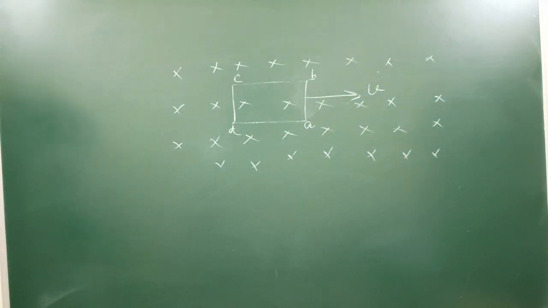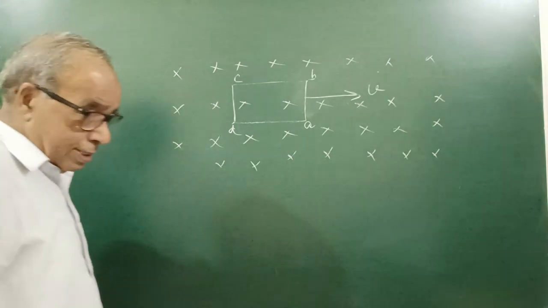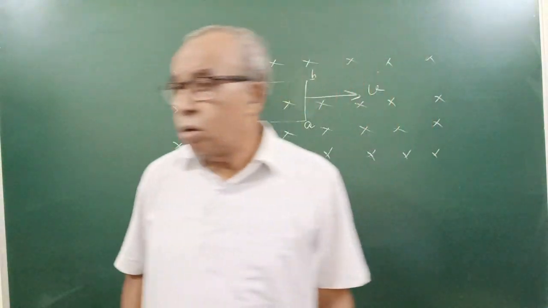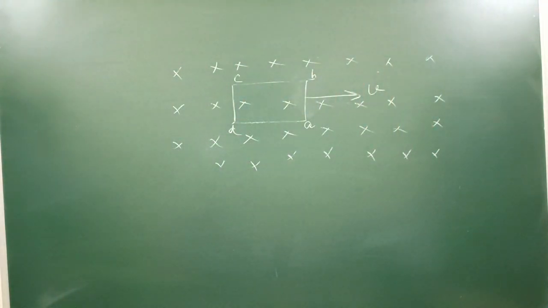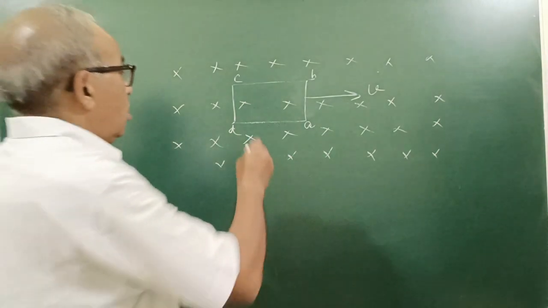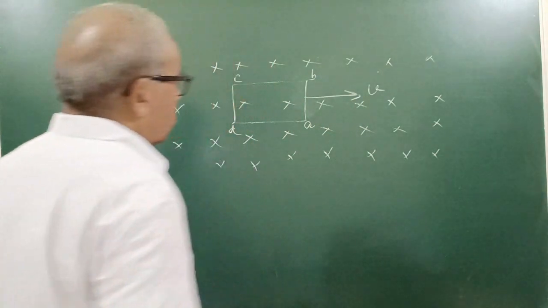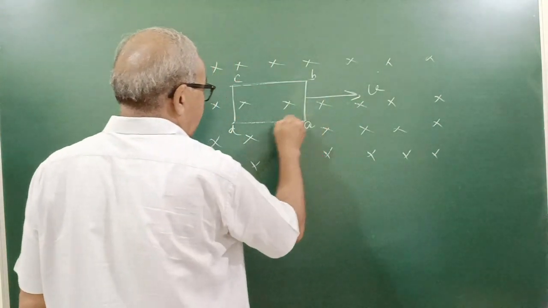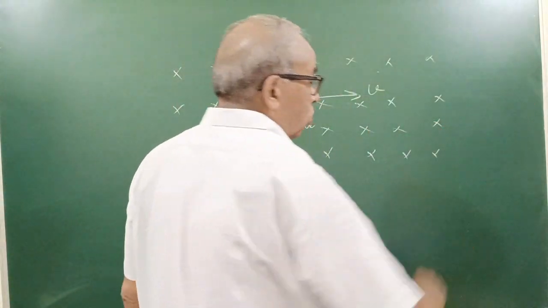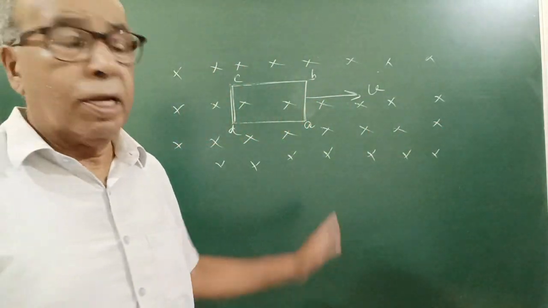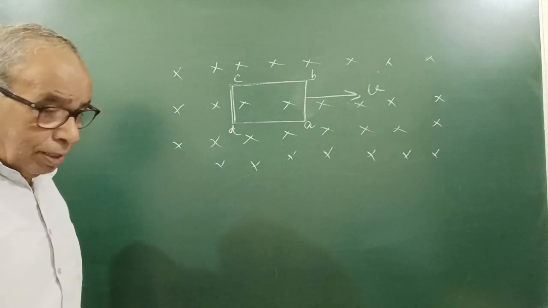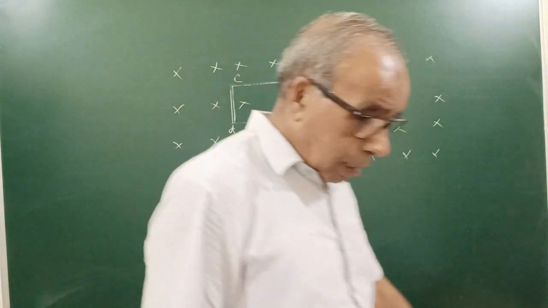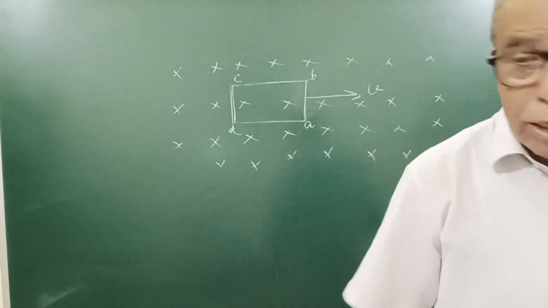Will there be an induced EMF and induced current? Will there be induced current in the loop and induced EMF? This loop is in the field, remains in the field, but moves here. So will there be an induced EMF or induced current?